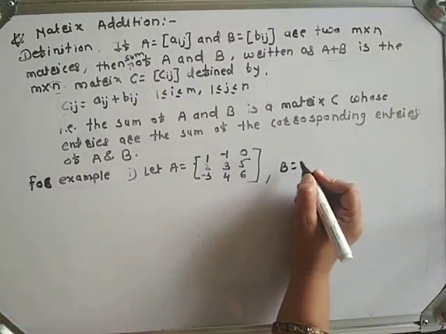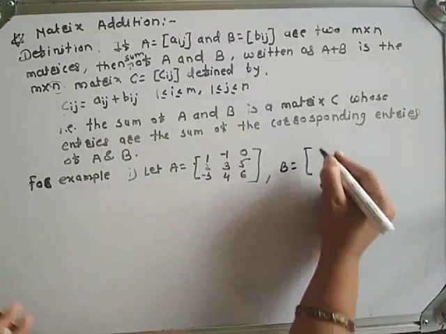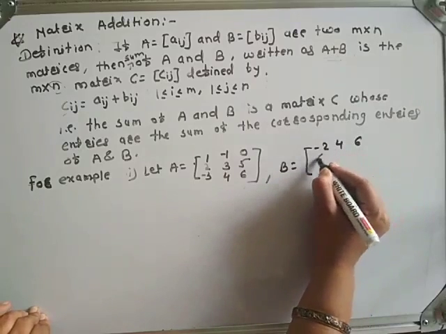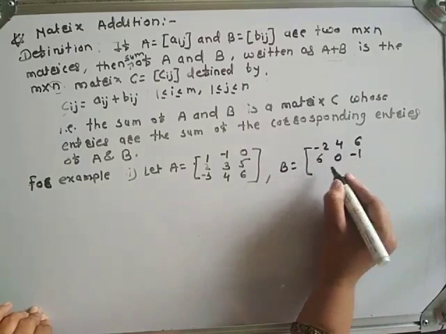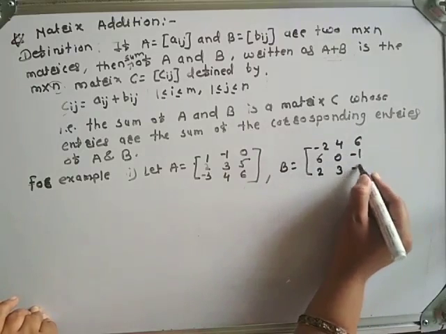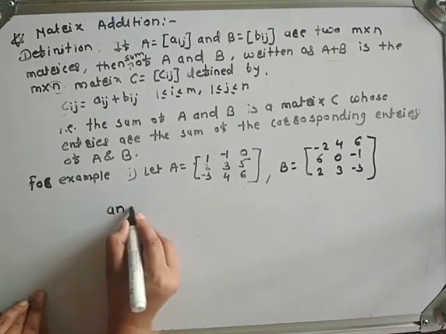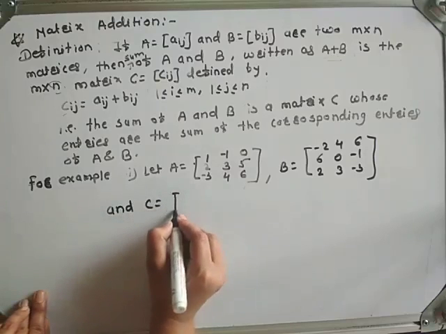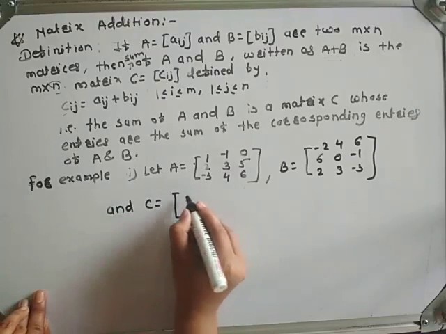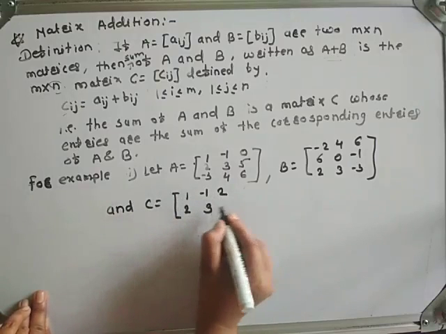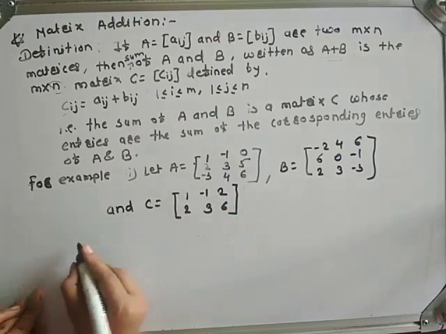B is equal to minus 2 4 6 6 0 minus 1 2 3 minus 3, and C is equal to matrix 1 minus 1 2 2 3 6.